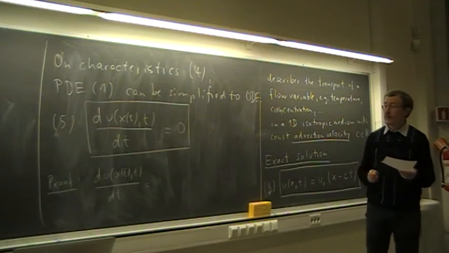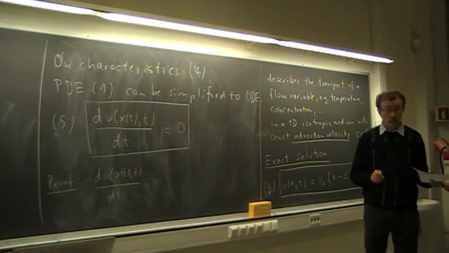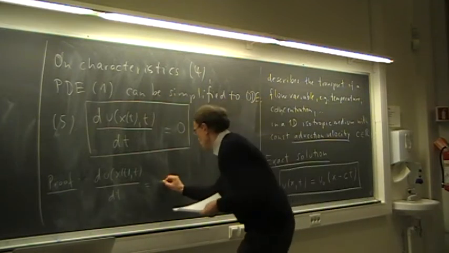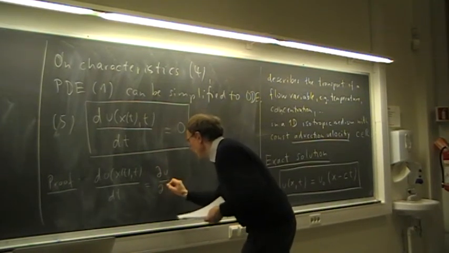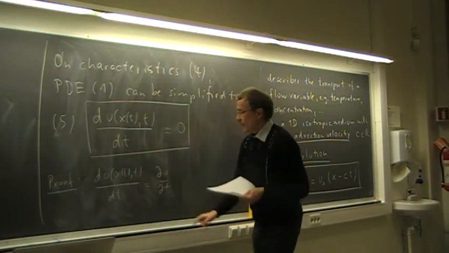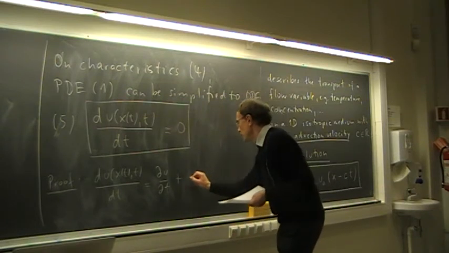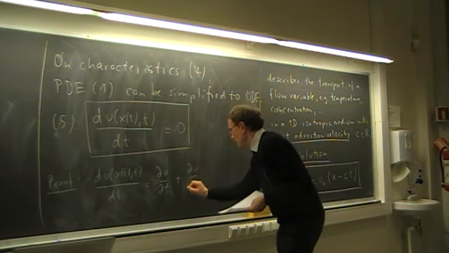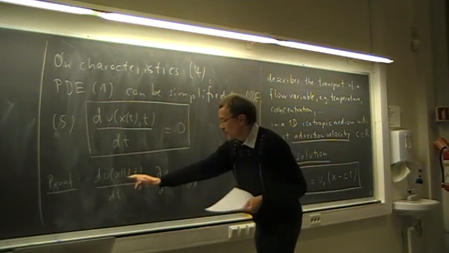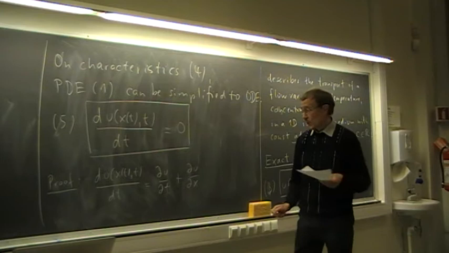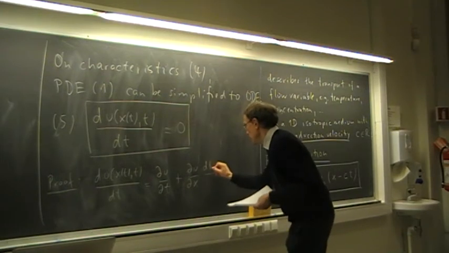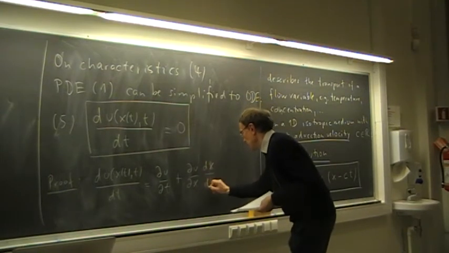So now we look at this particular derivative, and then we simply use the chain rule. So we derive u now partial derivative with respect to t. And then we derive it with respect to x, but x is now dependent on t, so we have then to add the dx dt.